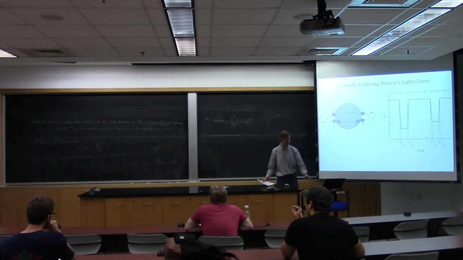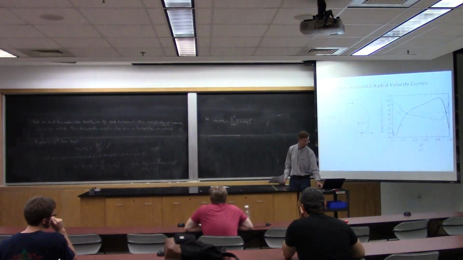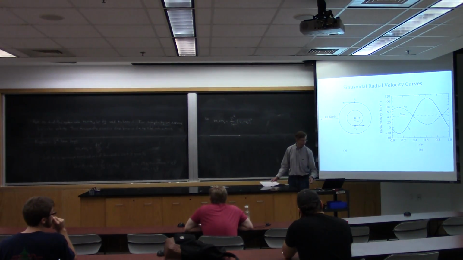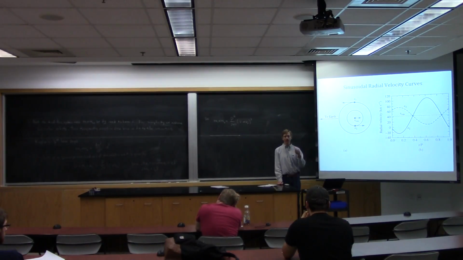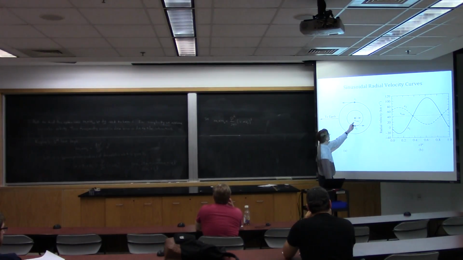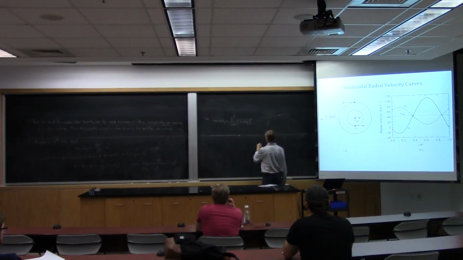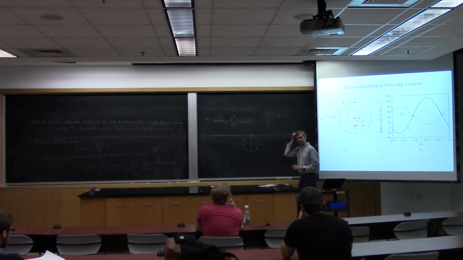So, if we look at what the radial velocity curve would look like, if you have circular orbits, you're going to get sinusoidal radial velocity curves, because remember that uniform circular motion, if you project it along either axis, is sinusoidal. So if I look at the component of the velocity along the line of sight, let's say that's the orbit of one of the stars.